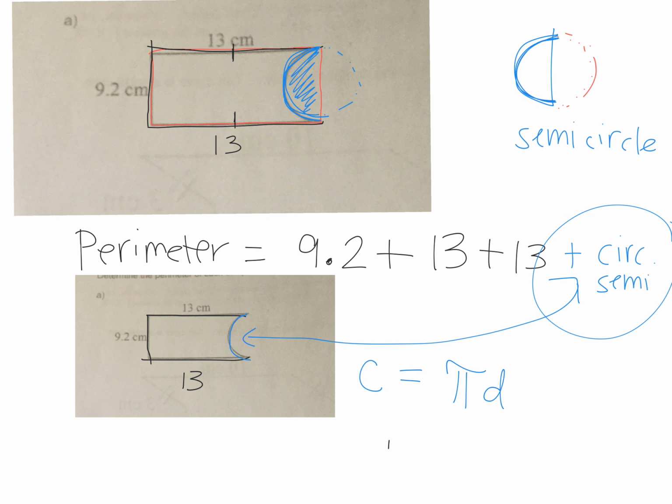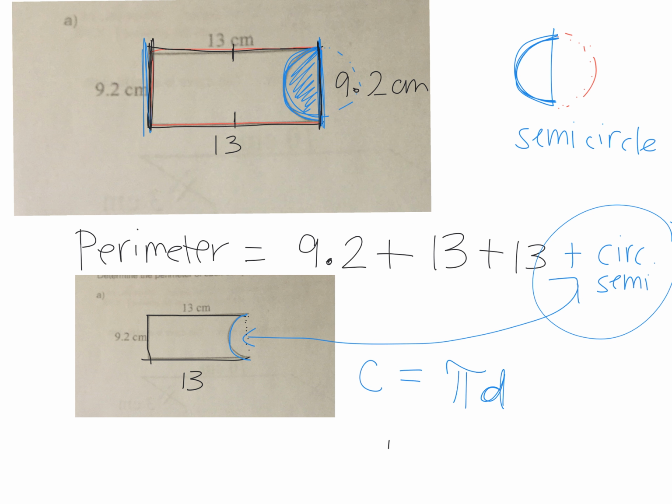Well, let's look at the diagram. 9.2. What is the diameter, look here, of the circle? If this side here is 9.2, what is this? 9.2 centimeters. Okay, so the diameter, that line there, which I'll draw in here, is 9.2.